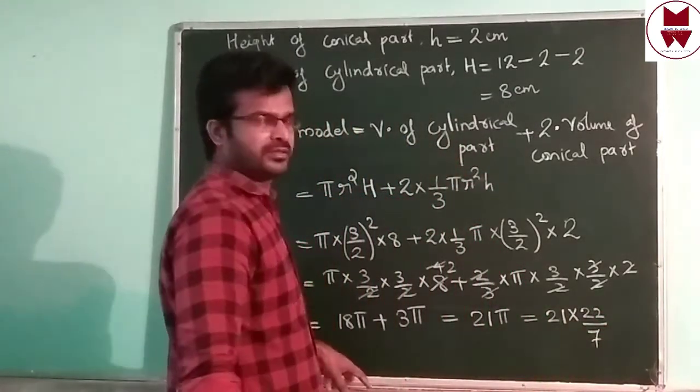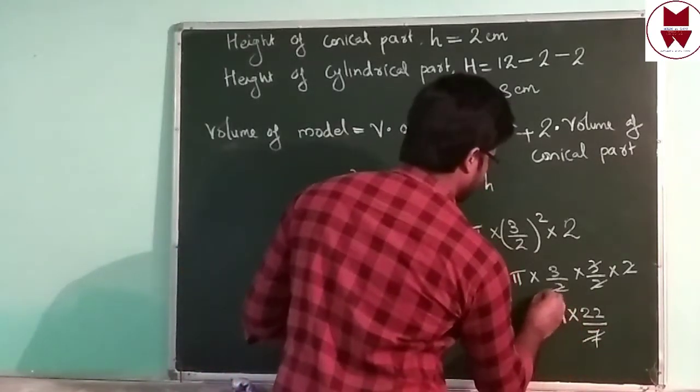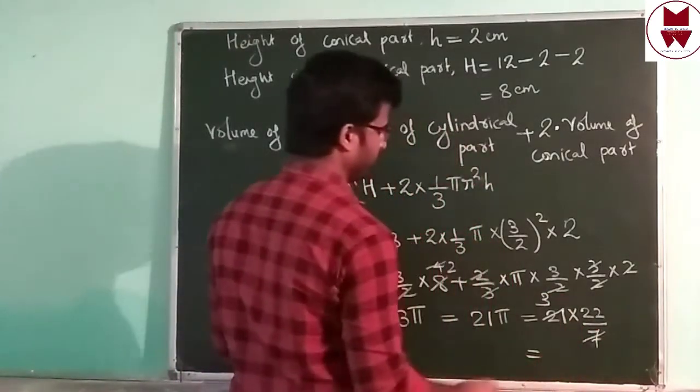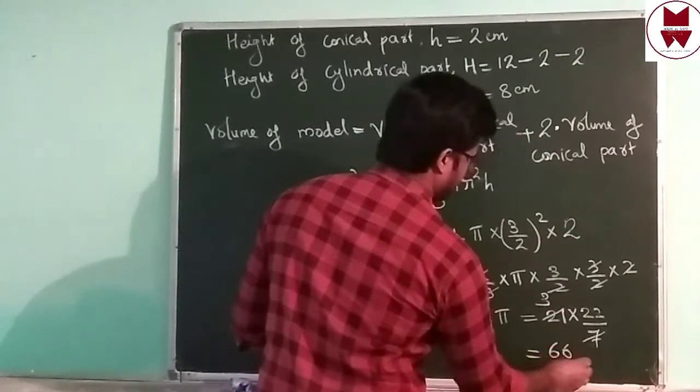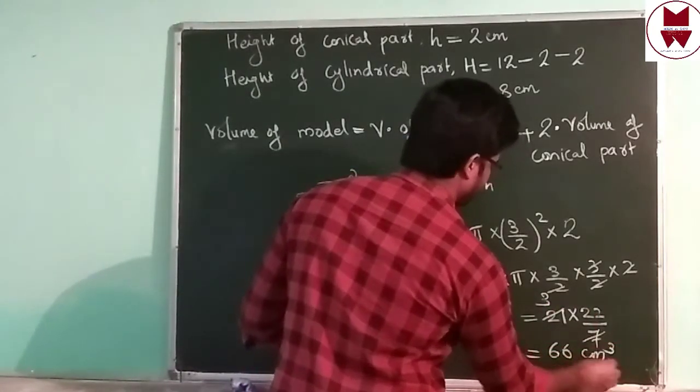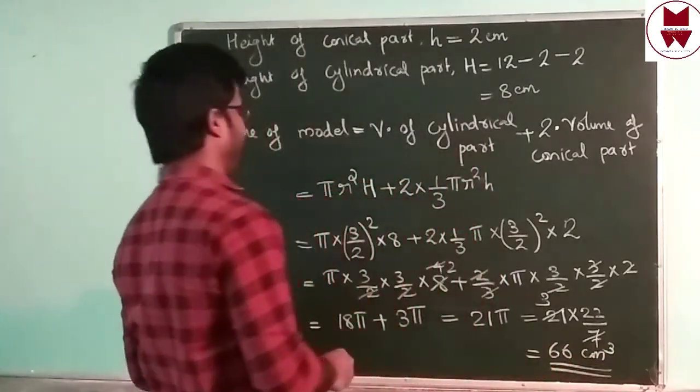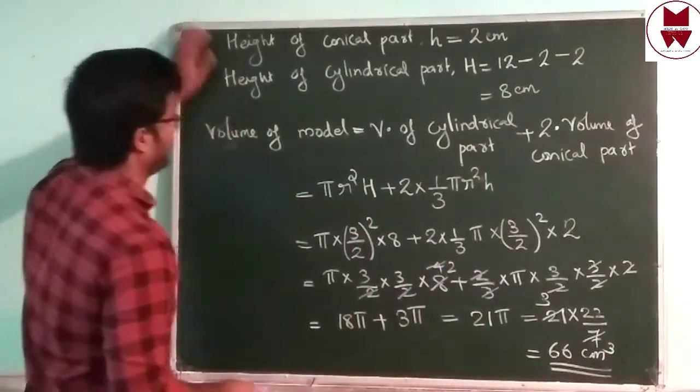Then 21 and 7 cancel 3 times, equal to 3 into 22 is 66 centimeter cube. That is volume of model.